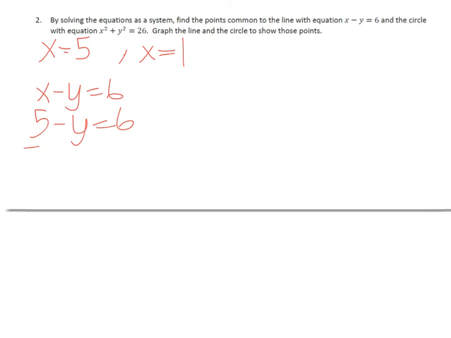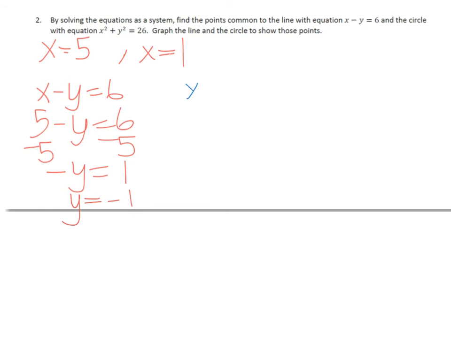So solving for y, subtract the 5, and you get negative y is equal to positive 1, which means that y is just going to equal negative 1 when x is equal to 5. And solving for my other value, I'm going to do the same thing and plug x equals 1 in.